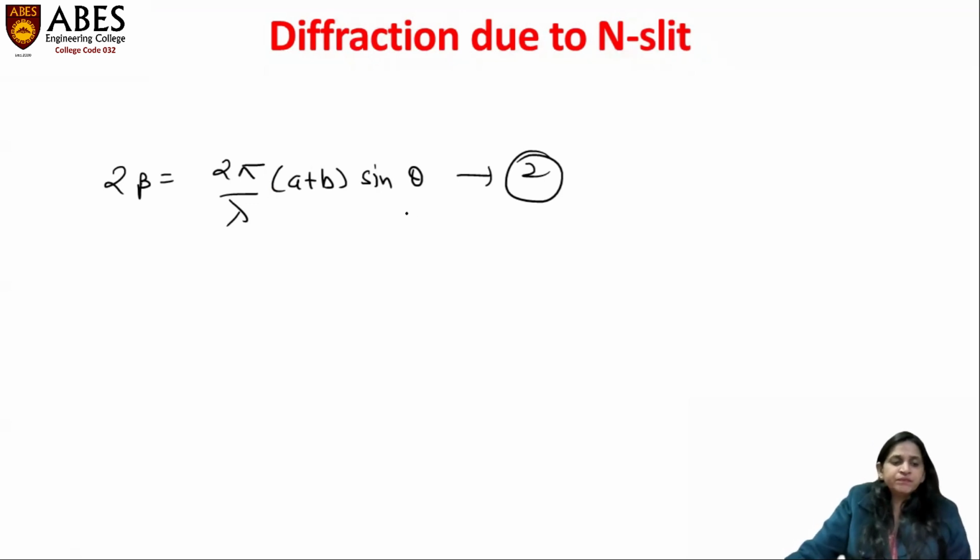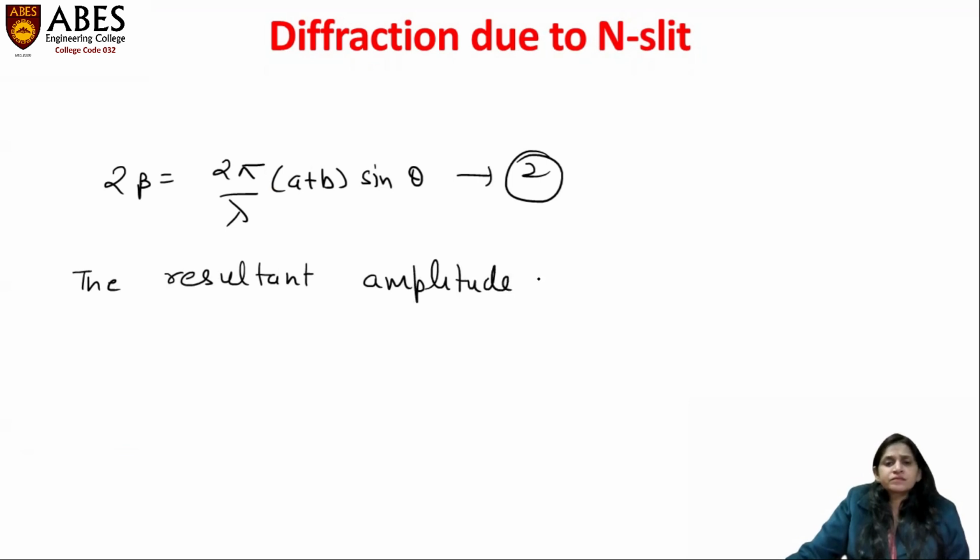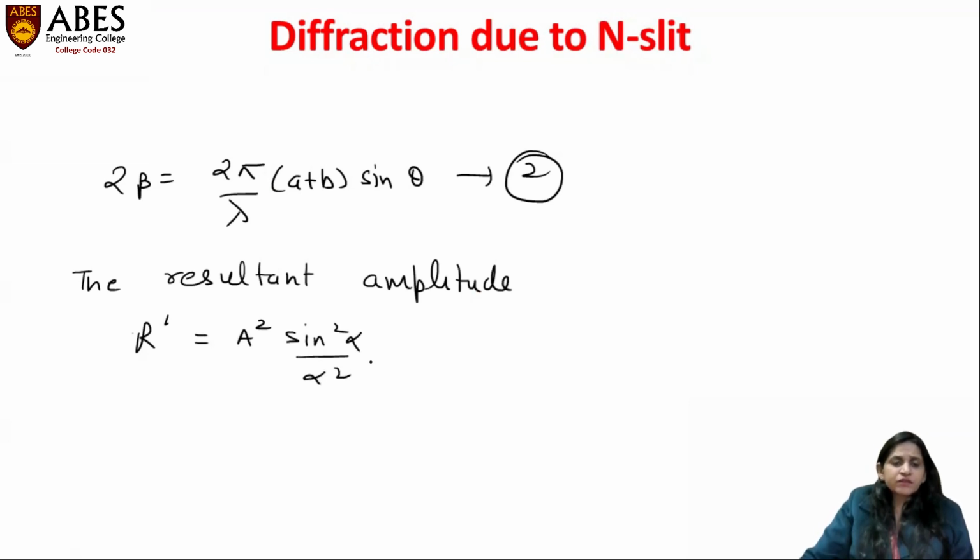The intensity at point M on the screen is R dash equals A square sine square alpha over alpha square, times sine square N beta over sine square beta.